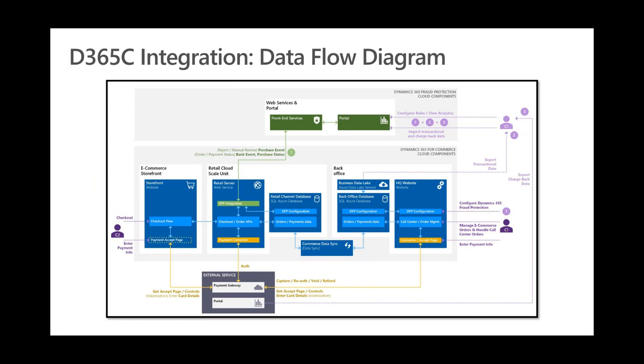A typical flow for a purchase event can be something like this. An online customer adds items to the basket and proceeds to checkout. She then enters shipping and payment details. After all the prerequisites are completed, she then places the order. Order details are sent to fraud protection for purchase protection assessment.